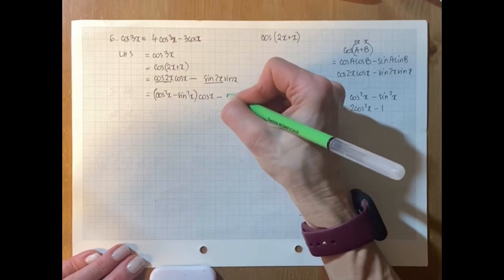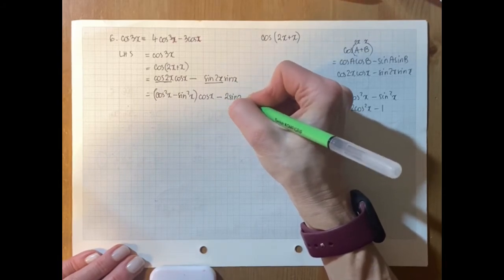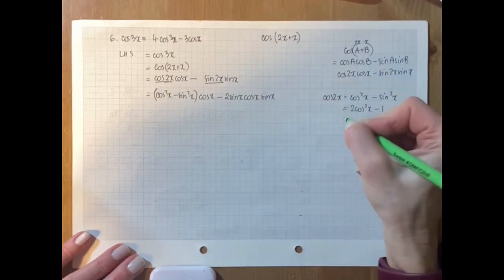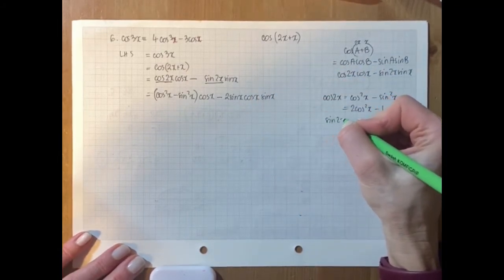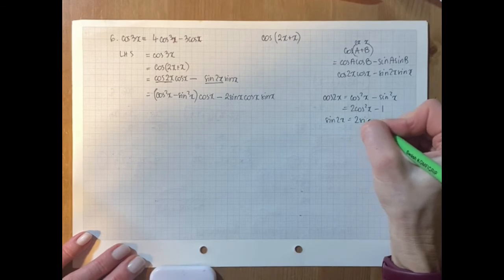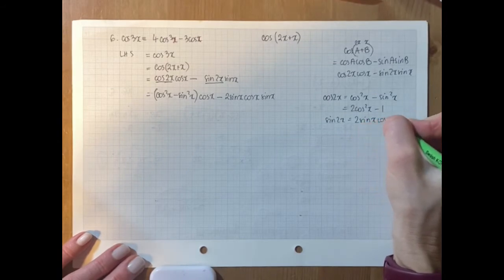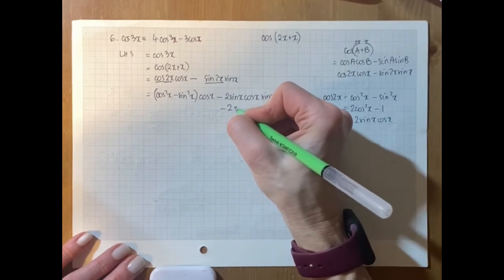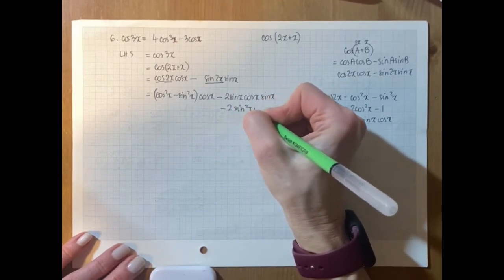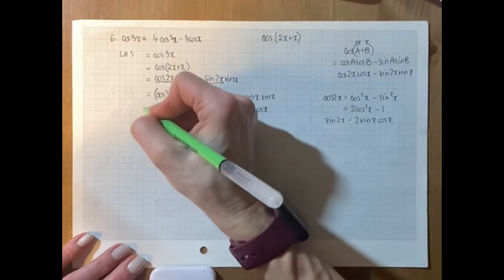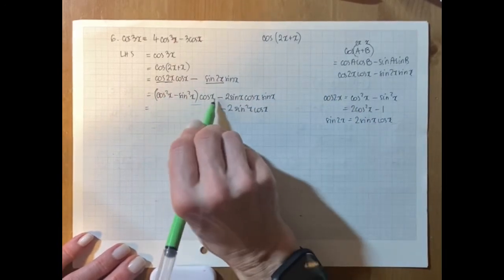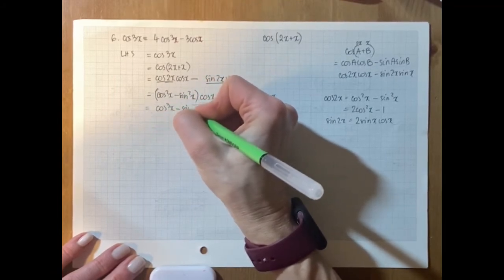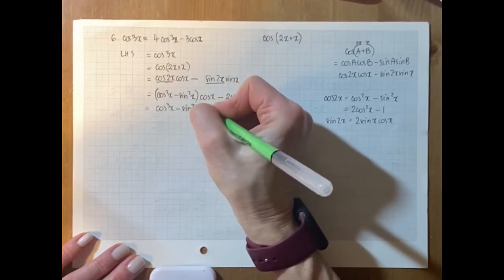So sine 2x is 2 sine x cos x. It's always a good idea to quote your formula on the side. Sine 2x is equal to 2 sine x cos x. And this here is going to be minus 2 sine squared x cos x. And this here, if I expand it, I will have cos cubed x minus sine squared x cos x.